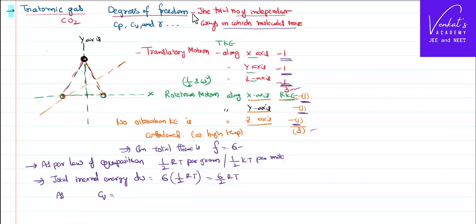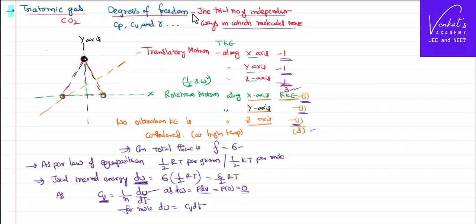But we know, as per the definition of Cv, I can write Cv as 1 by n into dU by dT, because volume is constant. In the place of dQ, we need to write dU plus dW, where dW equals P dV. As volume is constant, dV is 0, so P dV equals 0. So no dW, the entire dQ is dU only. And for 1 mole, I can write dU as Cv dT.